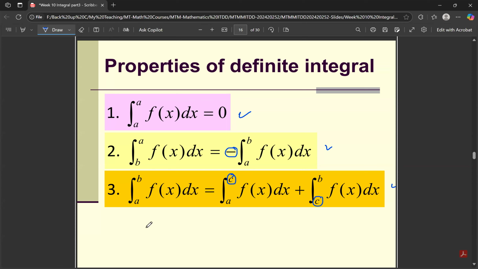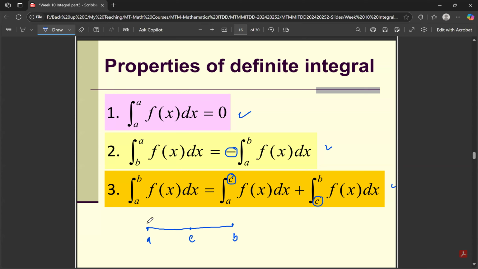So it might look like this: a on the left, b on the right, and c in the middle of them, somewhere between a and b.